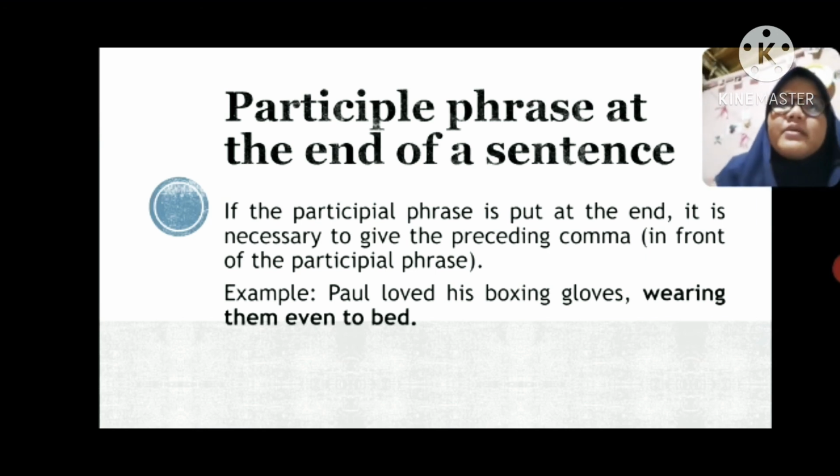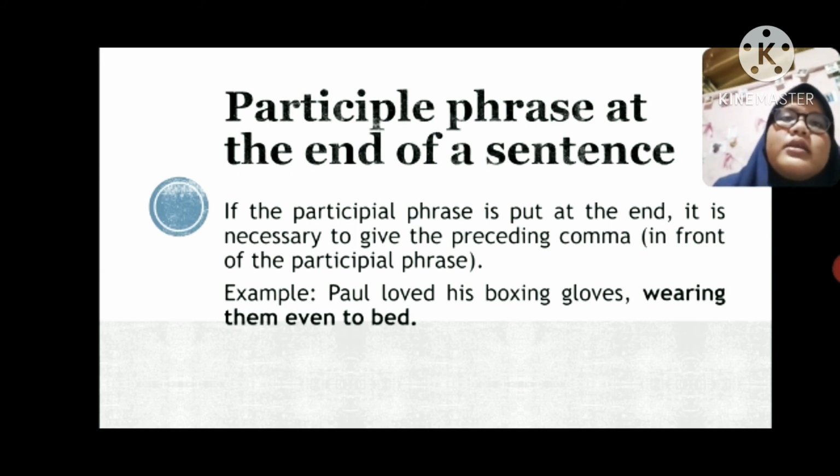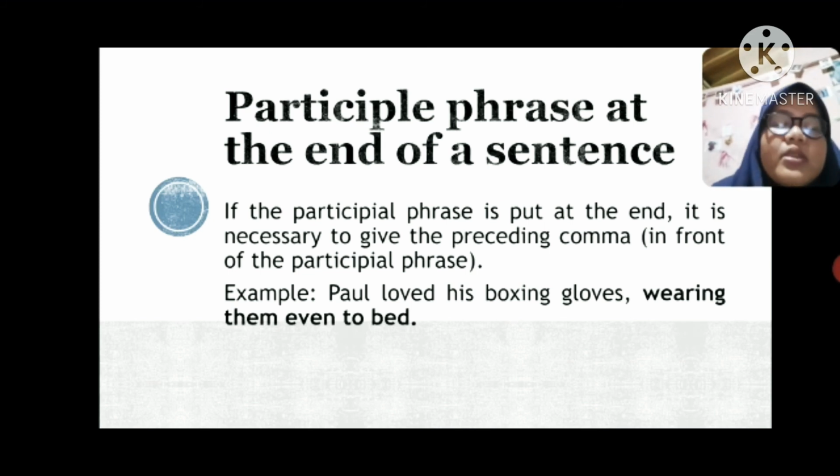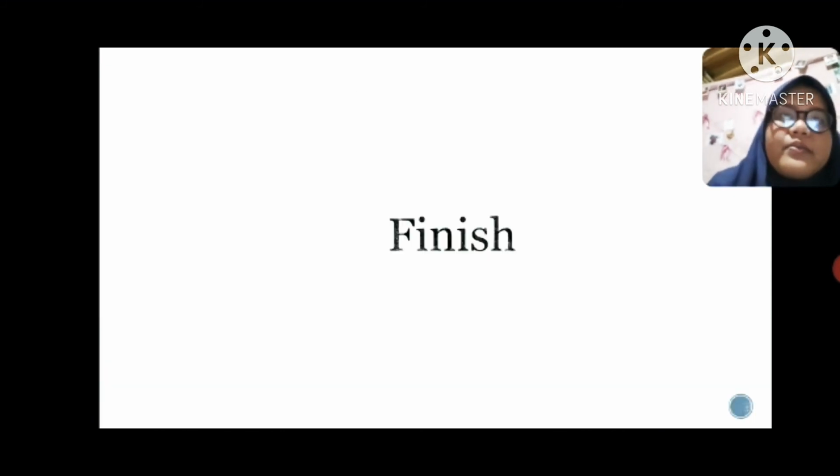If the participle phrase is put at the end, it is necessary to give a comma in front of the participle phrase. Example: Paul loved his boxing gloves, wearing them even to bed. Wearing in the sentence is a participle. Wearing them even to bed in the sentence is a participle phrase.